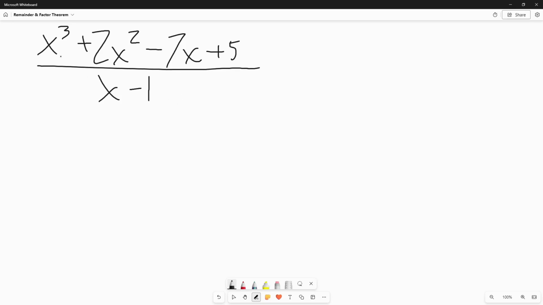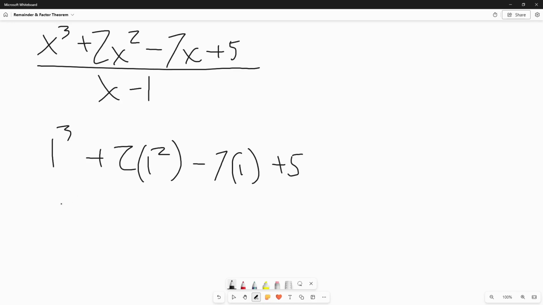And we replace x with 1 inside the dividend, and we get 1 cubed plus 2 times 1 squared minus 7 times 1 plus 5. And this is just 1 plus 2 minus 7 plus 5. And 3 minus 7, negative 4 plus 5, this is equal to 1. So this means that the remainder of this is just 1 using the remainder theorem.